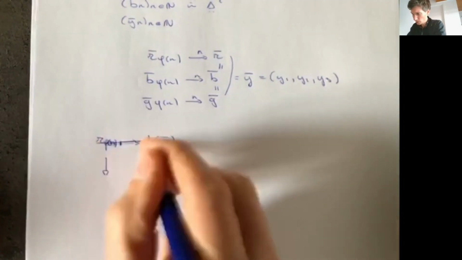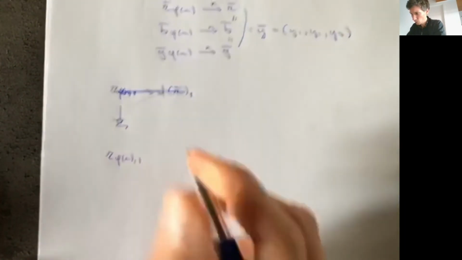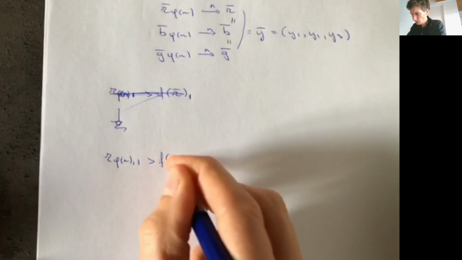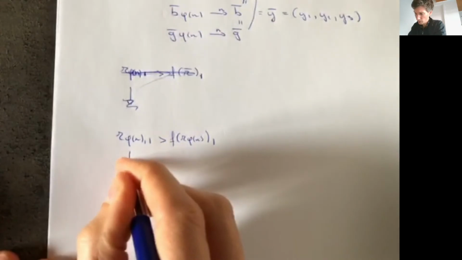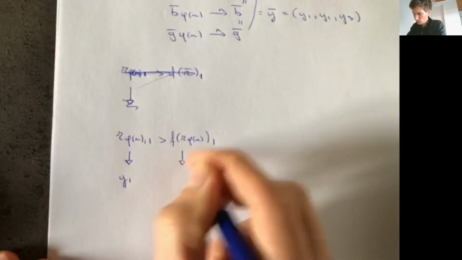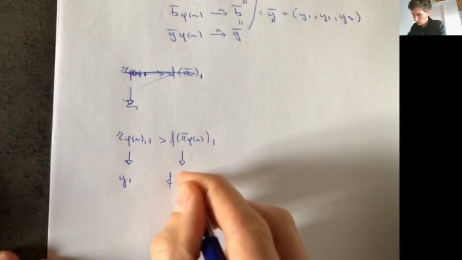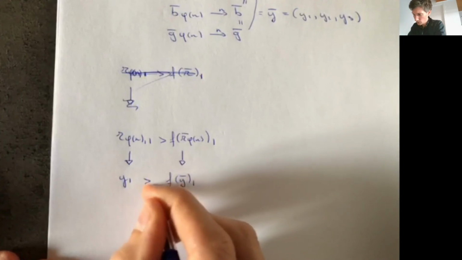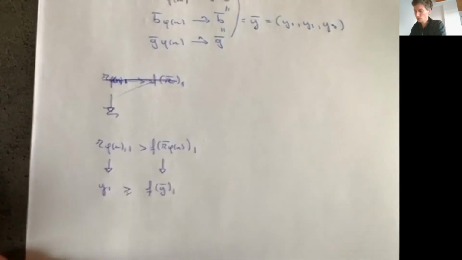This should be along the subsequence: R phi n 1, because it's red, is greater than f of R phi n 1. This here converges to the first component of y. This here, because of continuity, converges to f of y1. And by taking the limits, the inequality changes to weak inequality.